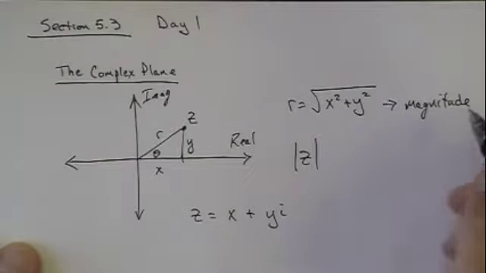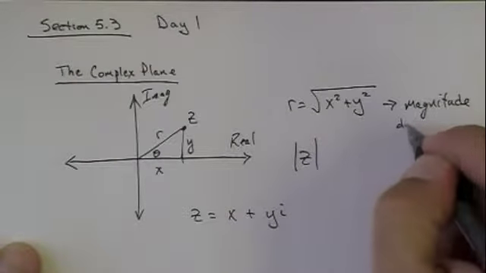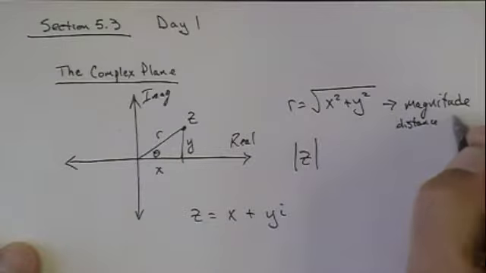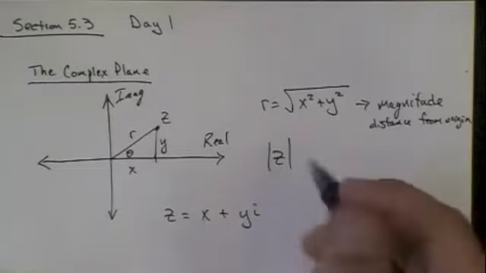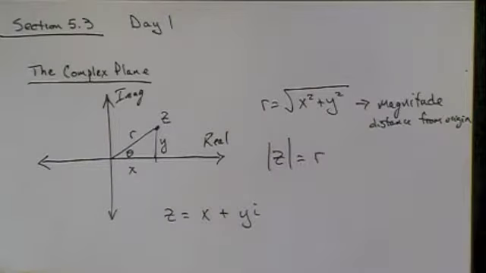Our magnitude is our distance from the origin. So the magnitude of z would be equal to r.